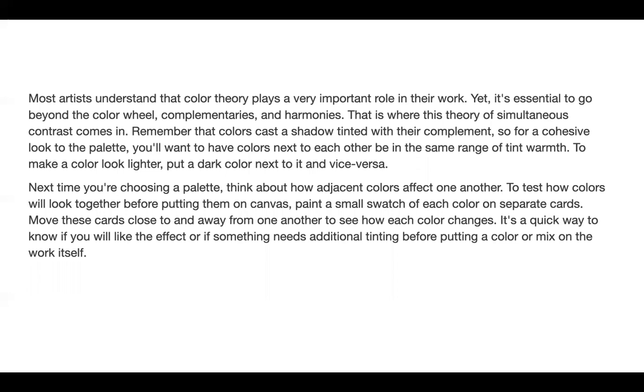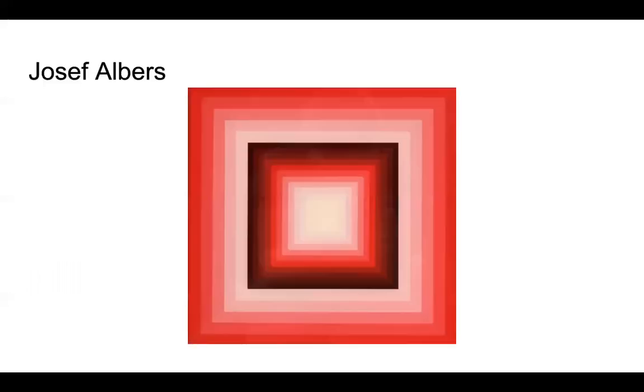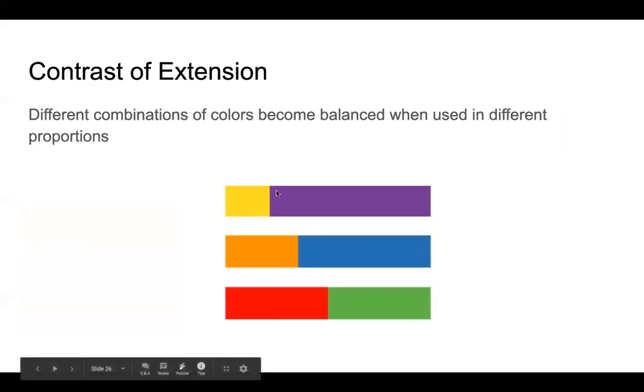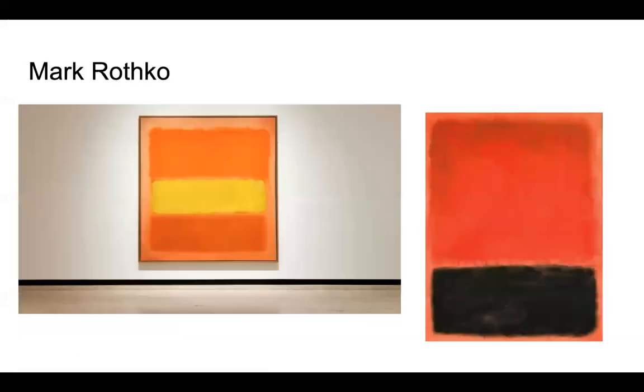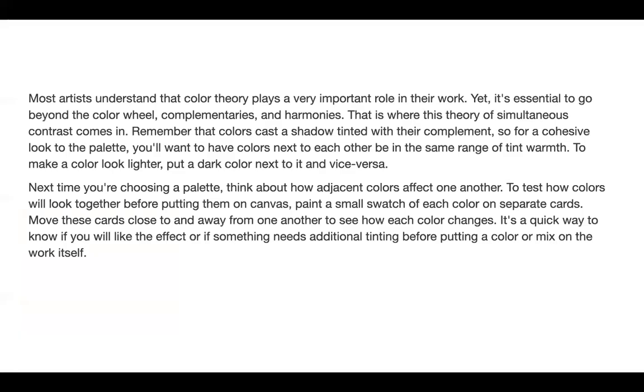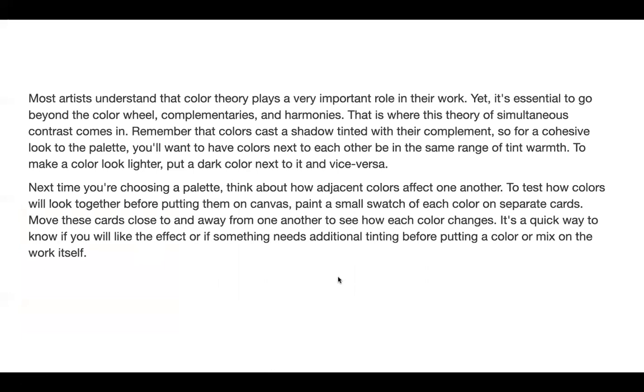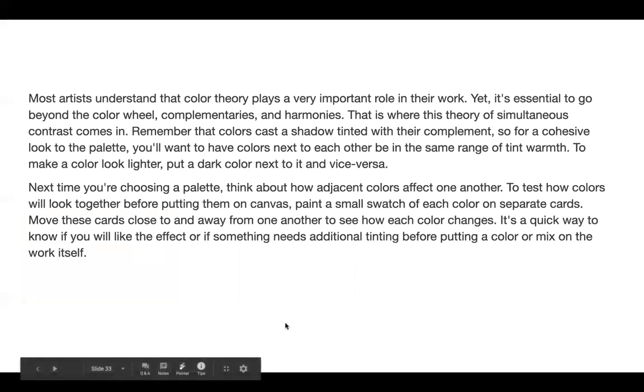That's a good thing to do, but it's also not quite enough, right? Because if we think about contrast extension, it also matters the amount too. So you might want to do swatches that are bigger than other ones. And it's a quick way to know if you like the effect or if something needs an additional tinting before putting the color on the canvas itself.